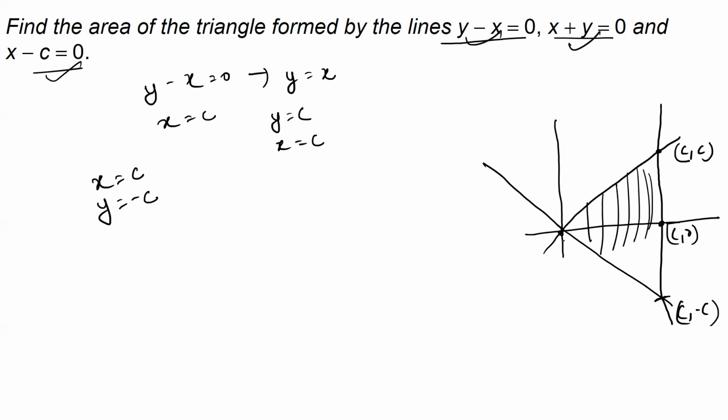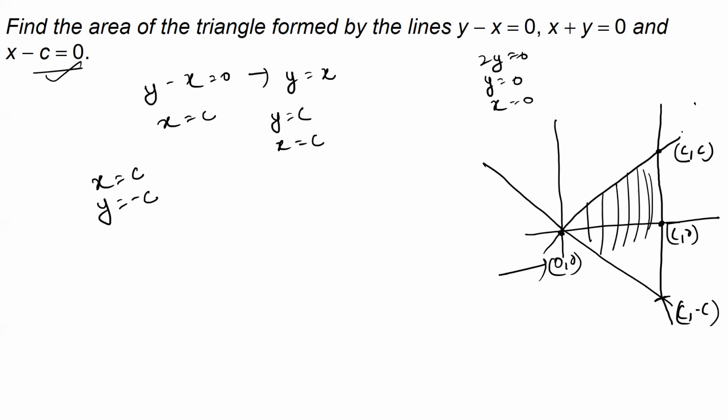And this point is by solving y minus x is equal to 0 and y plus x is equal to 0. So what you do, you just add these two equations, x gets cancelled out, you get 2y is equal to 0. That means y is equal to 0 and also x is equal to 0 you get. So this point is, needless to say, 0 comma 0. All right, so we have got 3 points.